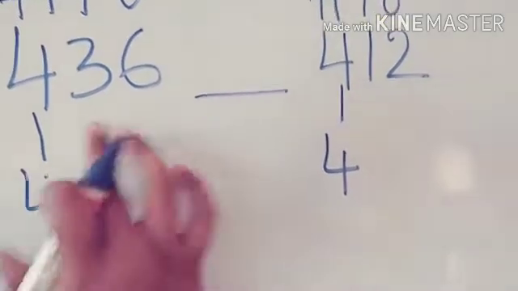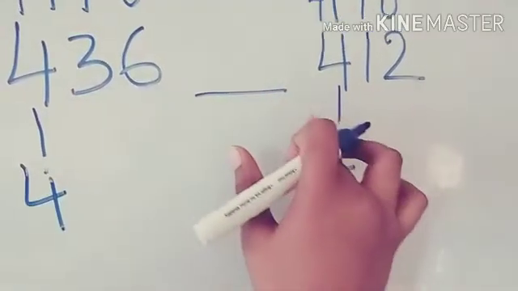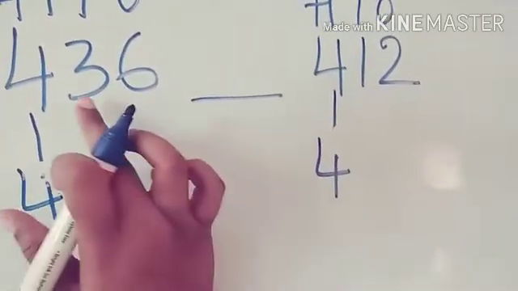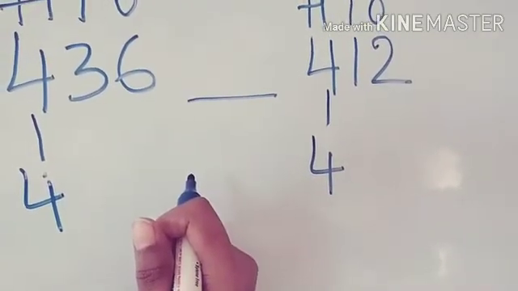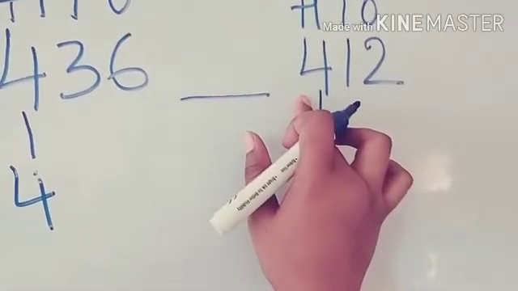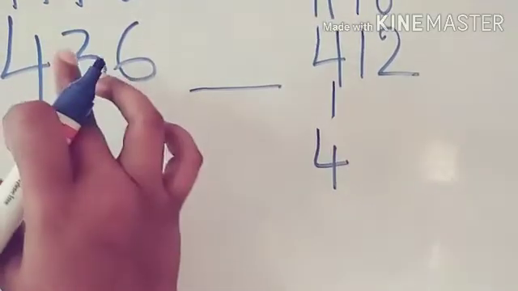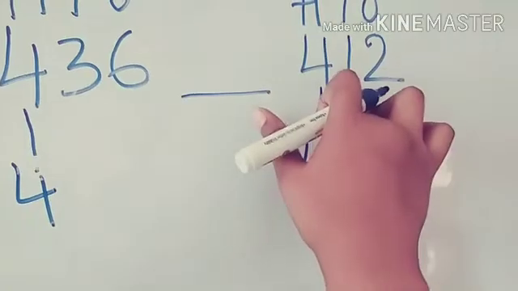So if the numbers are the same at the hundreds place, then we are going to see the numbers at the tens place. Understood children?